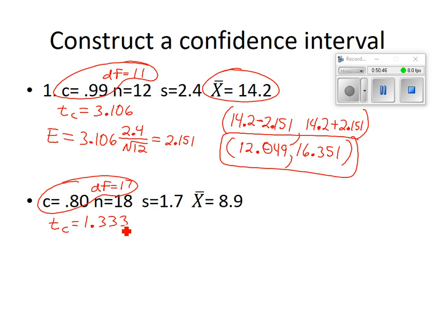Then we take that 1.333 times 1.7, the standard deviation, on top, over the square root of 18. Which is 0.5496. So let's go with 0.55.